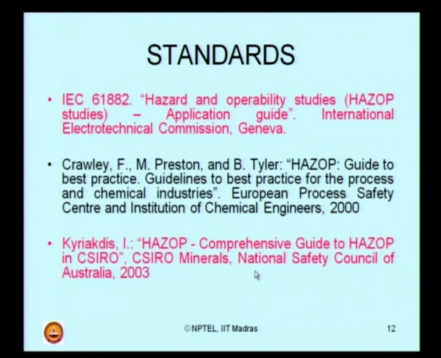You can also use CRIACTIS, Hazop Comprehensive Guide to Hazop, in CSIRO Minerals, National Safety Council of Australia, published in the year 2003. There are a few standards with the help of which you can understand the basic guidelines along which you can carry out a Hazop study for your plant.